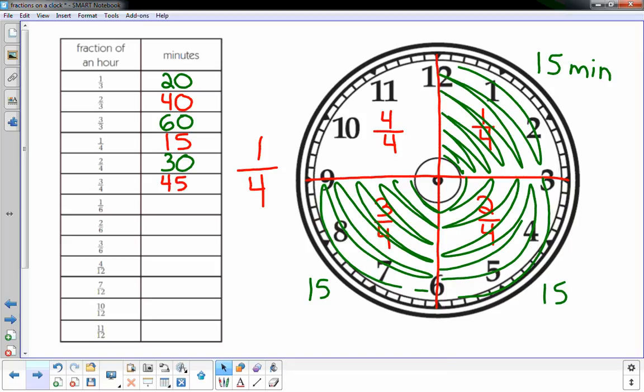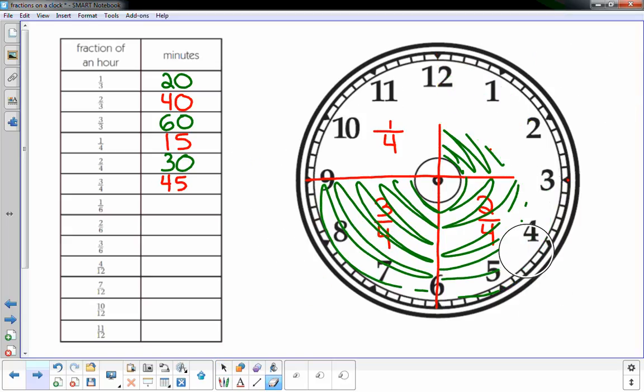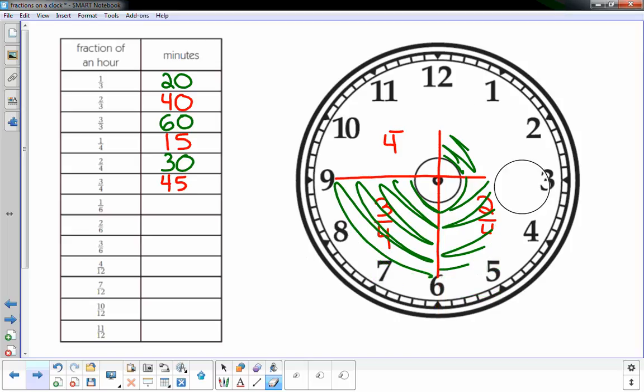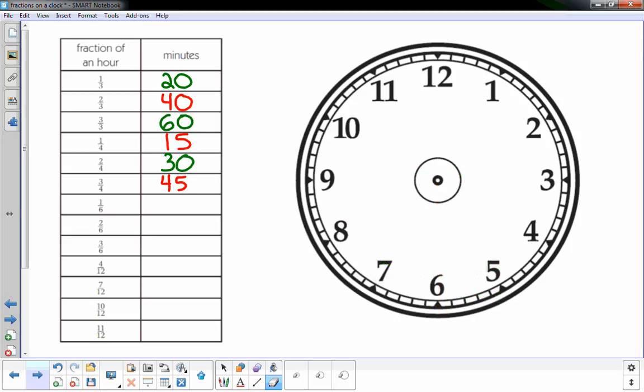All right, let's look at 6. The 6 on the bottom, the denominator, tells you you need to break up this face of a clock into 6 equal parts. I know there's 60 minutes in an hour. 60 divided by 6 would be 10. So every 10 minutes would be 1/6.